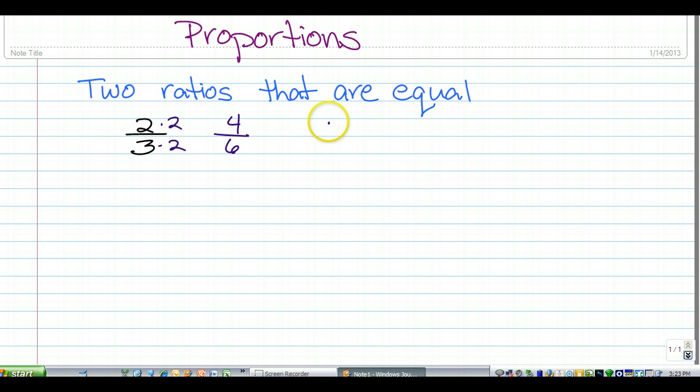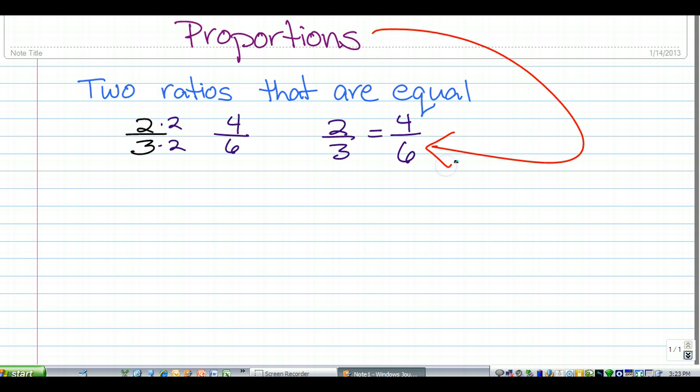And now I can say that 2/3 equals 4/6. And that, my friends, is what we call a proportion. That is a proportion. And basically it's equivalent ratios, which look just like fractions. So they are equivalent fractions.